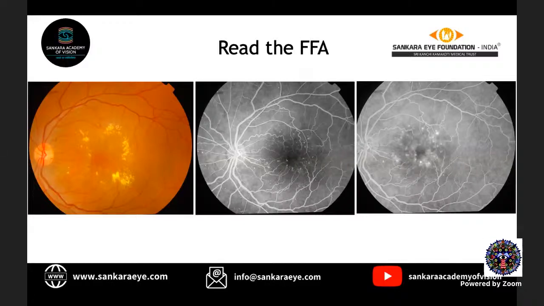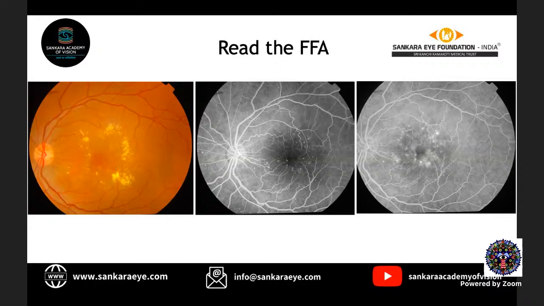Like Pradeep was saying, don't jump to anything. Always look at the color picture, and I do not see a lot of tortuous vessels here. Yes, sir, vessels look by and large straighter. Because once you say they're tortuous vessels, that means you are trying to guide the examiner that you may be dealing with a vascular block.